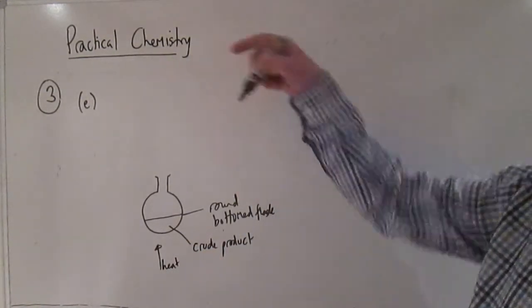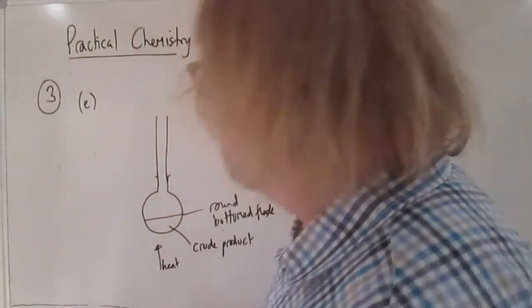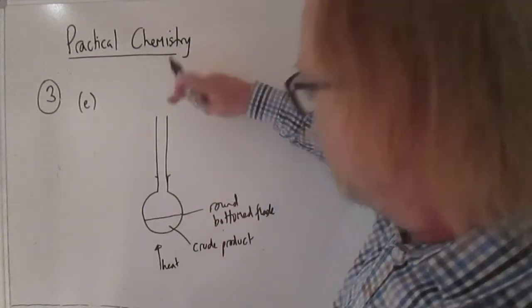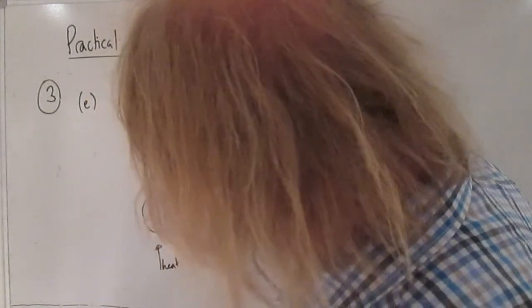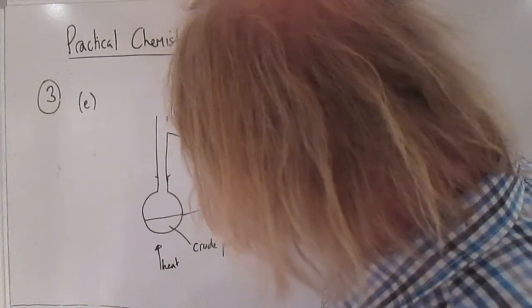And then instead of putting the condenser vertically, you have a sort of adapter thing which goes in there. Again, make sure it's a tight connection so there are no gaps for the vapour to escape through there. And coming off the side here, at a bit of an angle, you're going to have a tube.